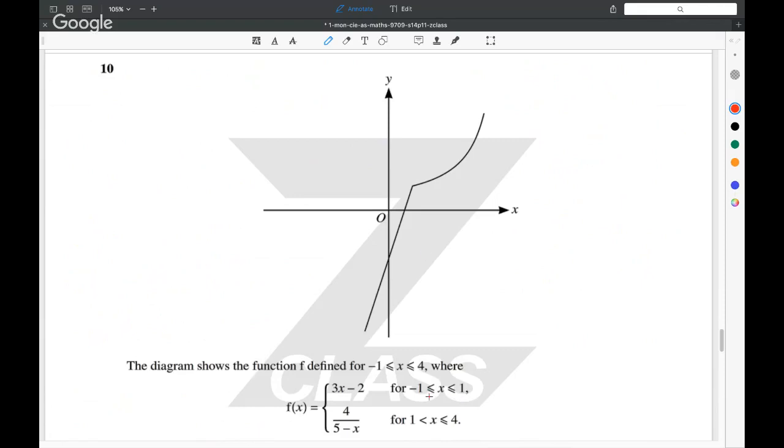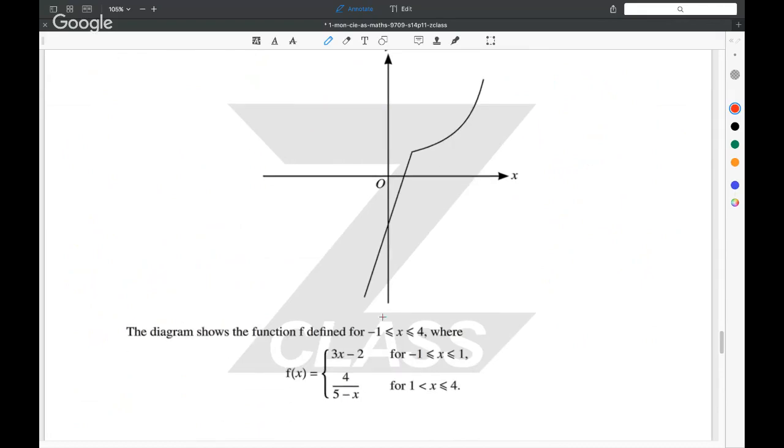Between the region minus 1 and 1, the function has equation 3x minus 2, and it's a straight line. Between the region 1 and 4, it follows the formula f of x equals 4 over 5 minus x, and that has the shape of a curve.